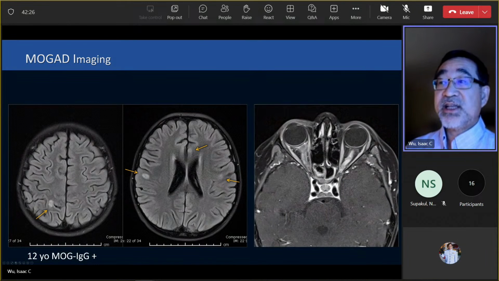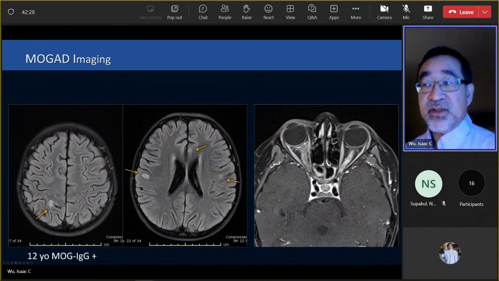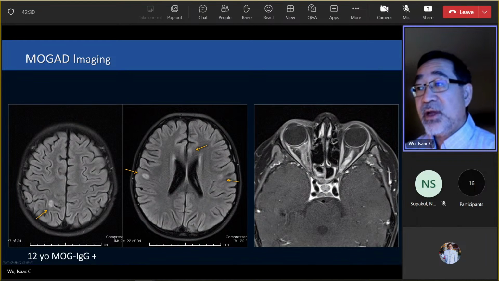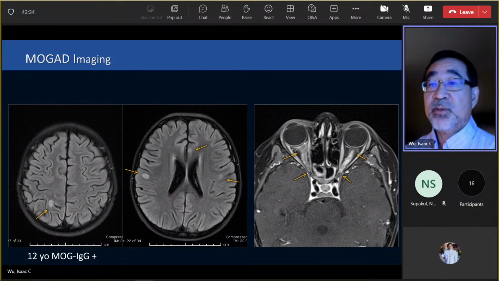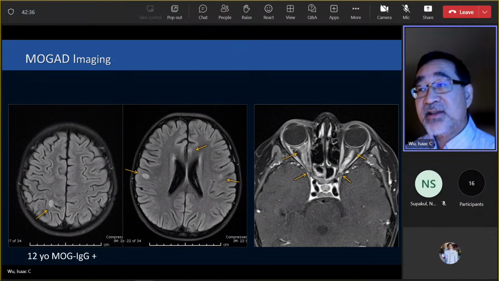But the patient does have an optic neuritis that's different than, say, MS. You can clearly see there's a bilateral enhancement. Bilateral involvement in optic neuritis is just not typical for MS. And it's a long segment.